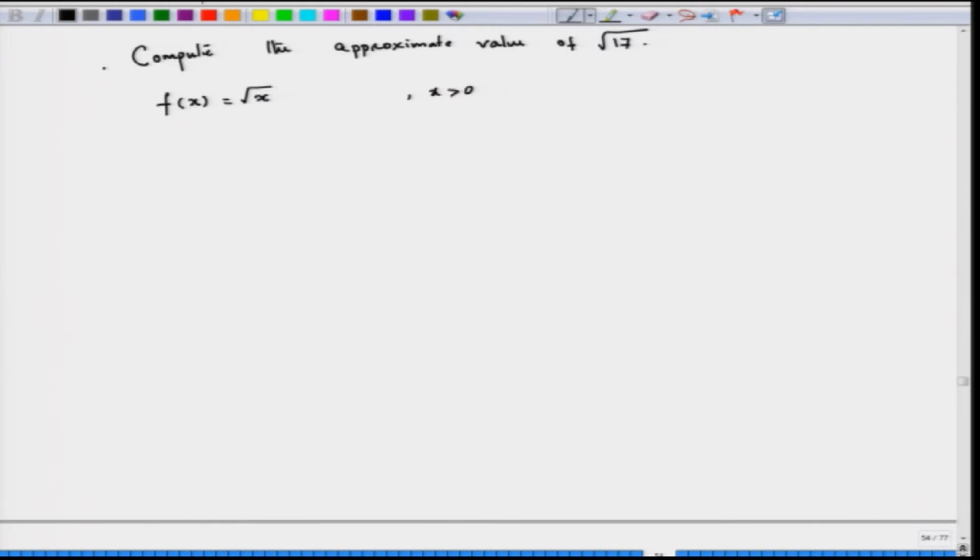Consider the function f of x is equal to square root of x. Now, for x strictly positive, we know that f is differentiable. Therefore, for any x naught greater than 0, we have f prime of x naught equal to the limit as x goes to x naught of f of x minus f of x naught divided by x minus x naught.